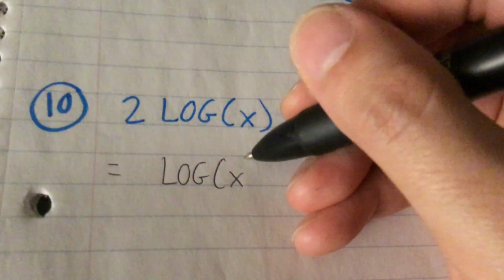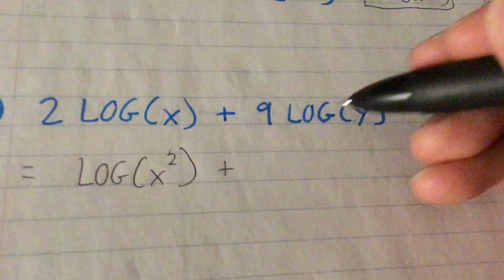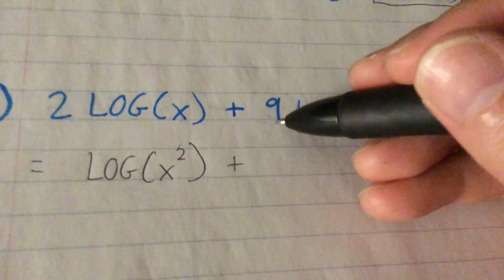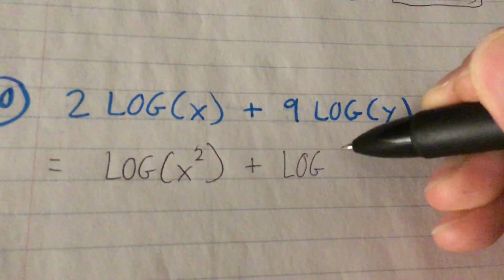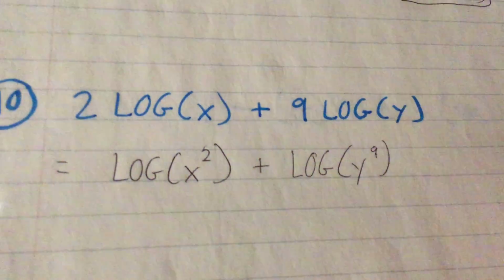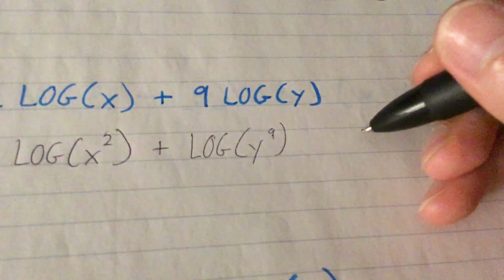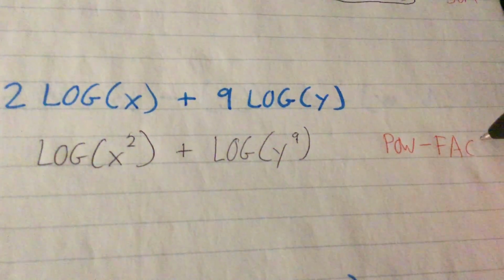That's going to be log of x squared. Plus 9 log of y, well, that 9 can go inside the logarithm, y to the 9th power. And the reason why is because of the power factor rule.